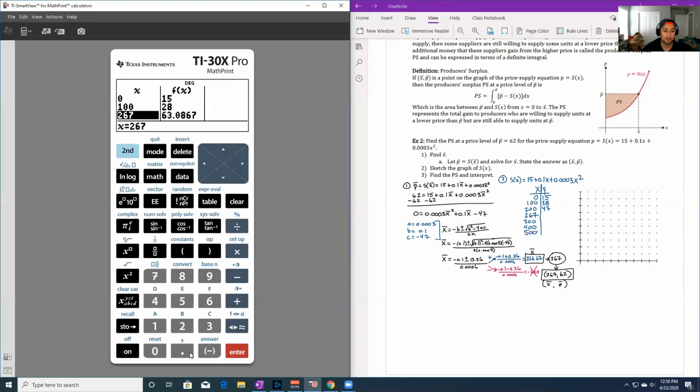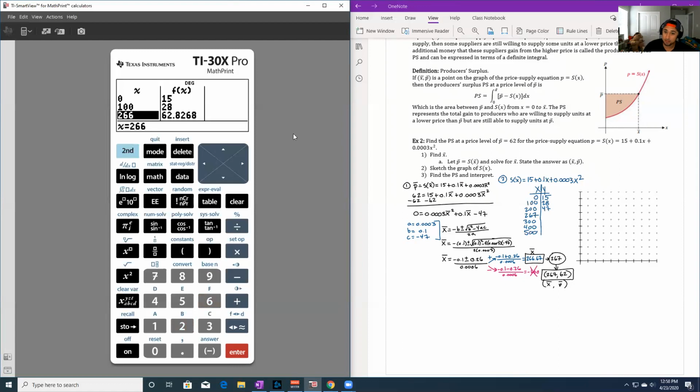So, I mean, if I type in 266.67, then we get 63 still. What if I typed in 266? We get 62, so around there. Okay, I mean, I did cut off a lot of decimals on that square root, so as long as we're in that area.